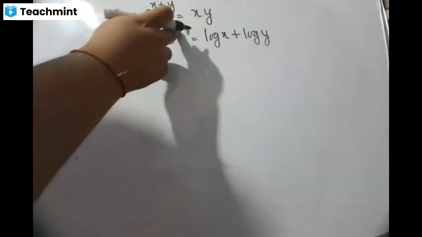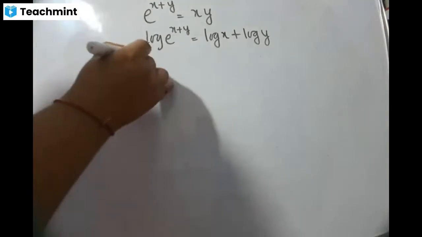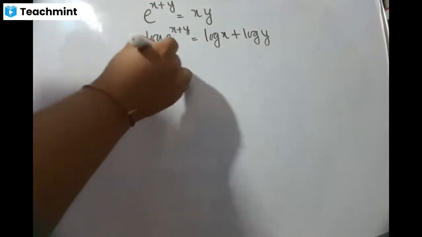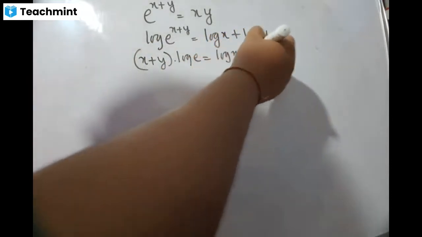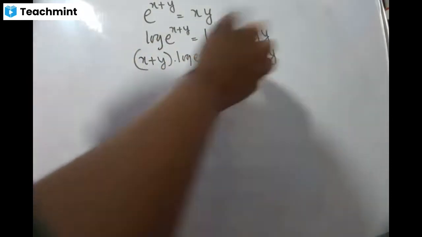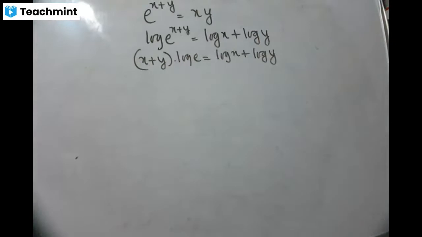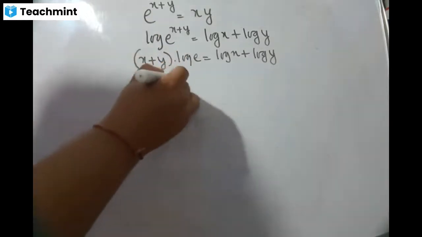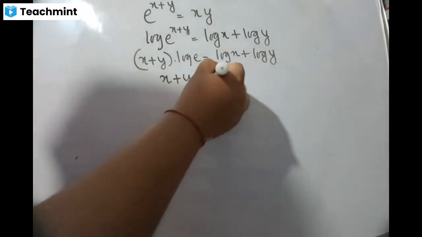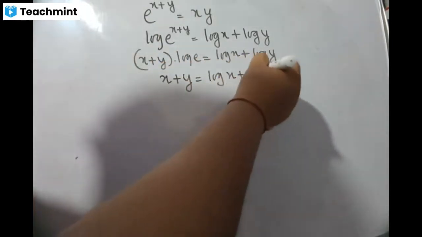What's going to happen is x plus y comes in front. So you are going to get x plus y into log e equal to log x plus log y. Now you know the property of log, that the value of log e is 1. So x plus y into 1 will give you x plus y equal to log x plus log y.